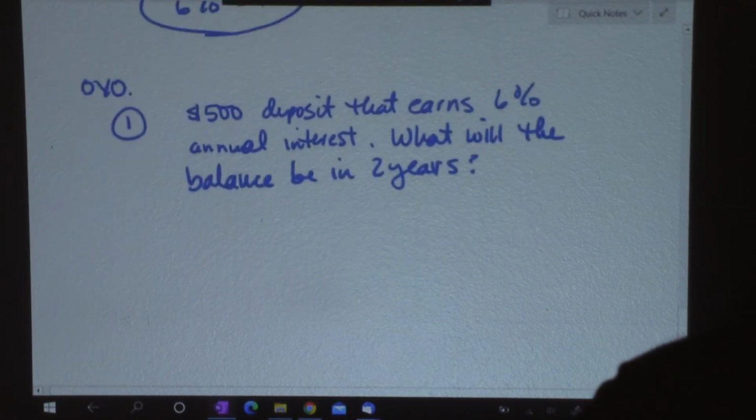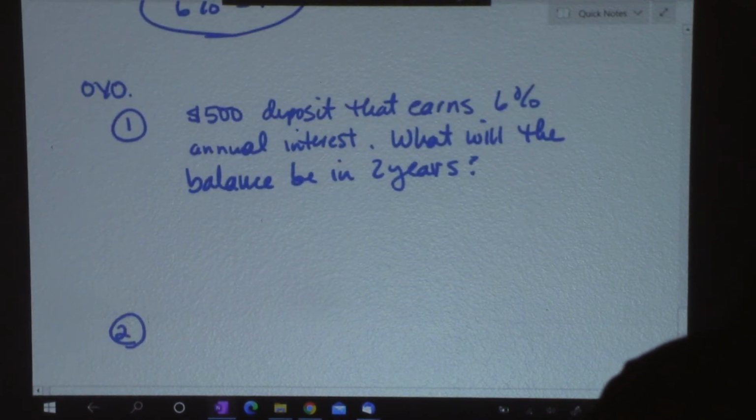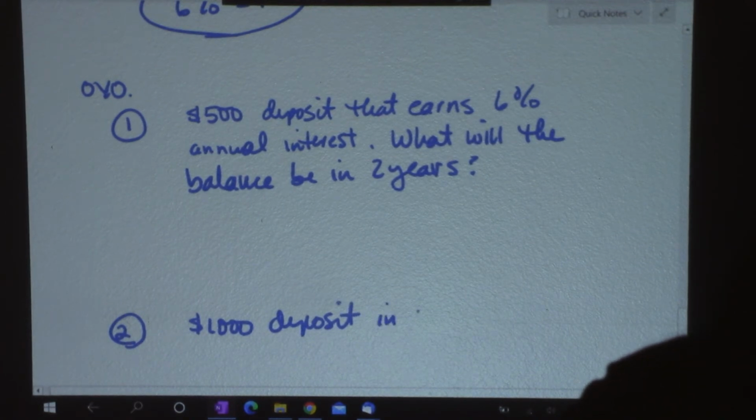Okay. Number 2, you deposit $1,000, so you have a $1,000 deposit in a 3-month CD.